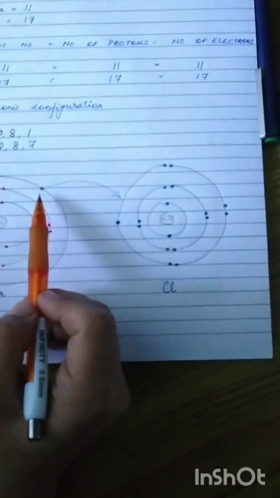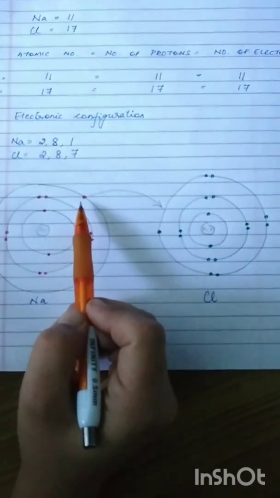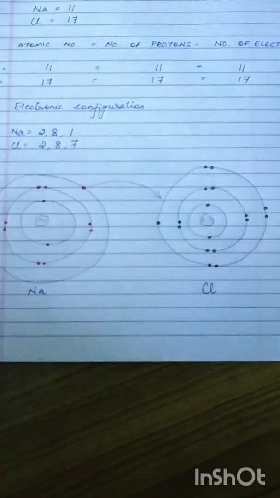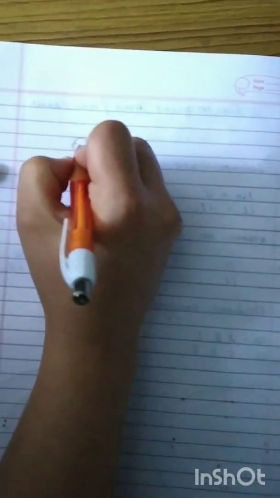It has 1 electron in its outermost orbit and this electron it will give to chlorine. Now see what happens after that. This is the atom. Even if the electrons are given away, the number of protons remains the same. Now sodium has given away 1 electron.